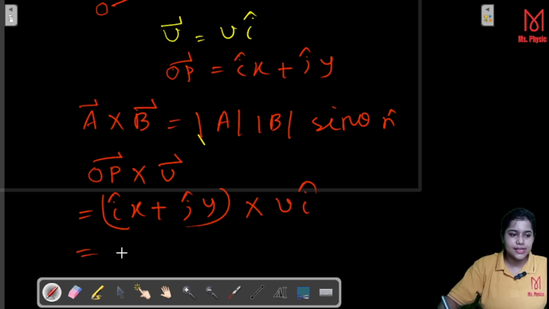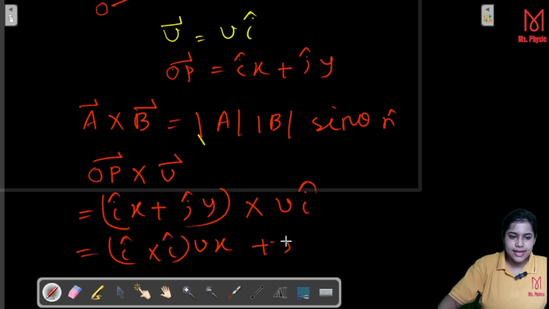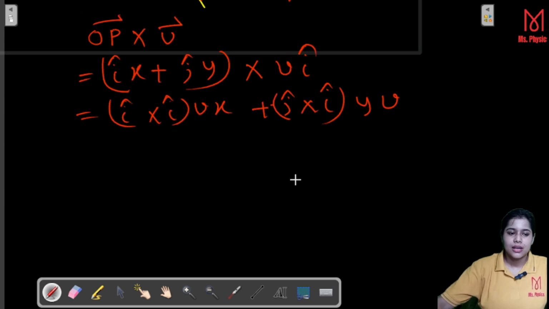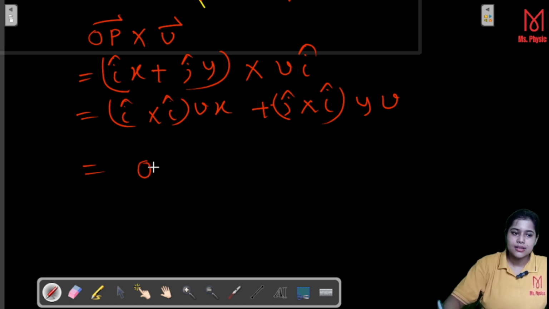Now here you see i cap cross i cap Vx, right? Plus j cap cross i cap yV. Now i cap cross i cap क्या होता है? 0. That means this term gives you the 0. Now j cross i.